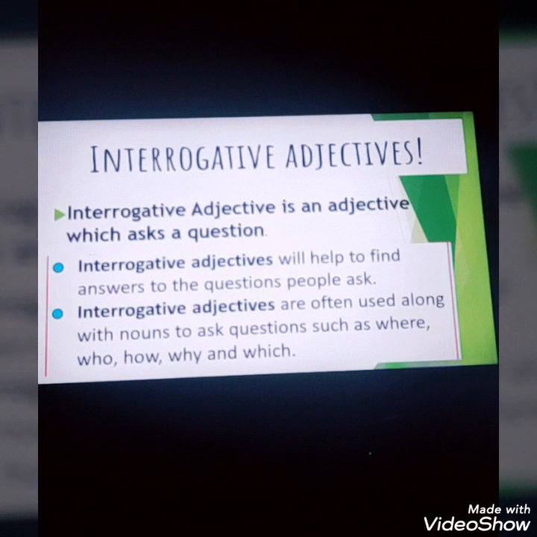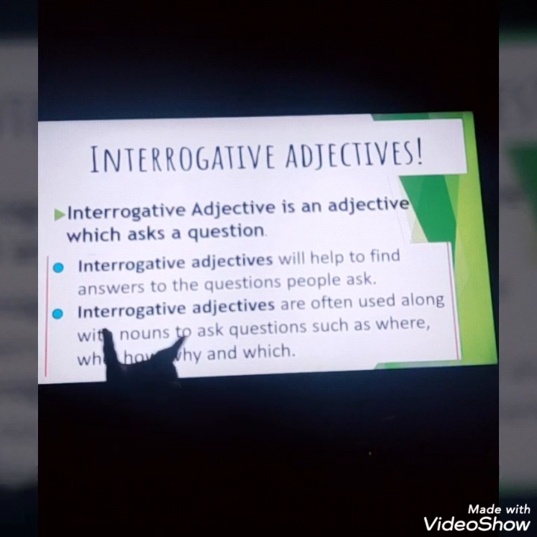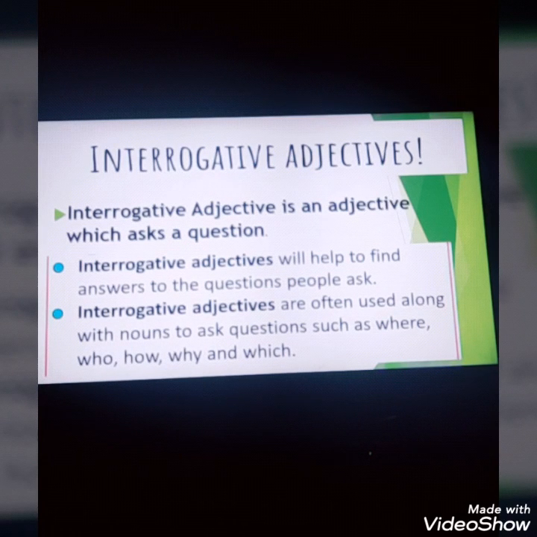Let us take some examples. What animal is that? If I am watching an animal in front of me, what can I ask? What animal is that? It's a question. Then what is it? An interrogative adjective. Whose book are you reading? Which dress do you want?